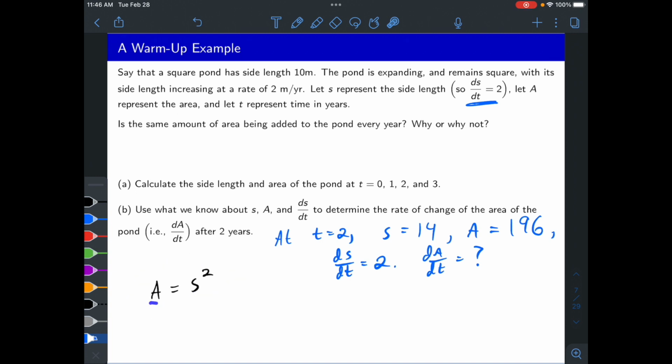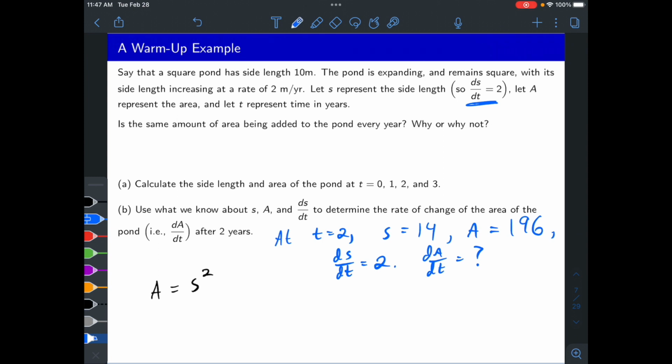So this is just a basic equation relating the variables A and s in our problem. In other problems, you might have somewhat more complicated equations. Maybe you have something like 2A cubed plus A times s is equal to 50s to the fourth, or something like that. Just some equation that relates all the variables.